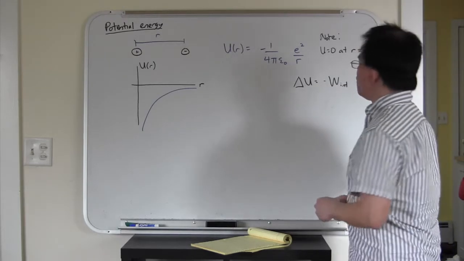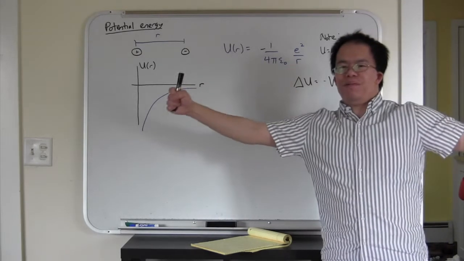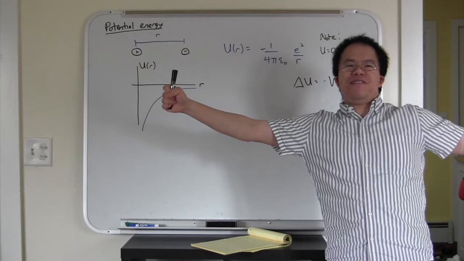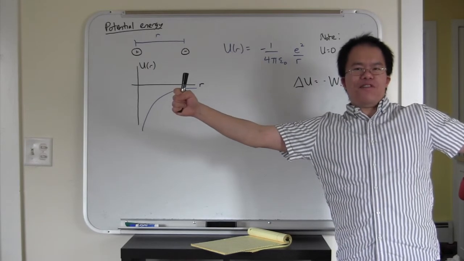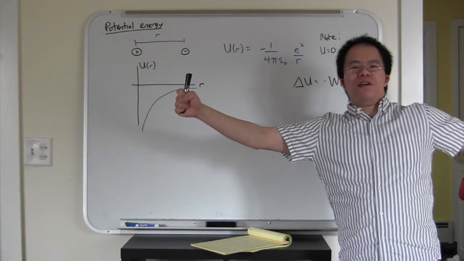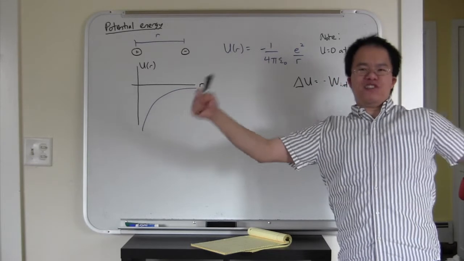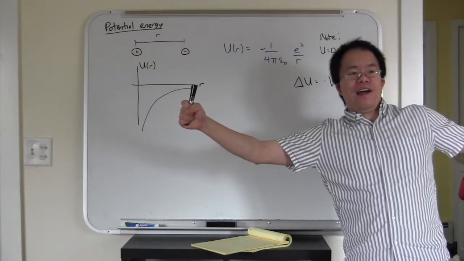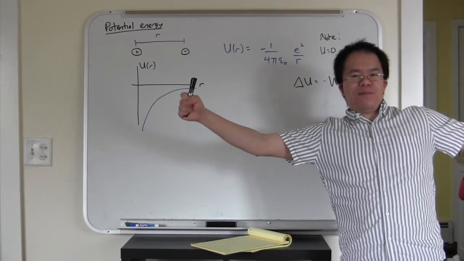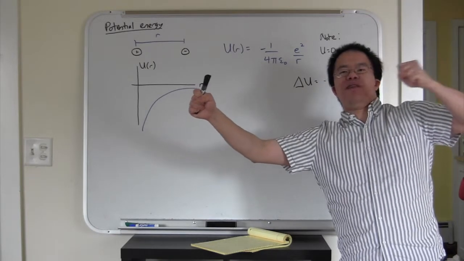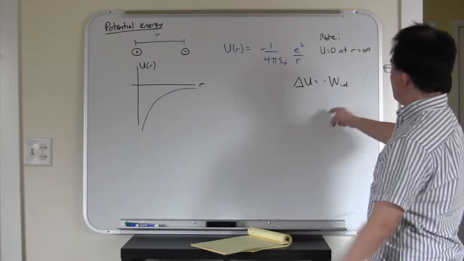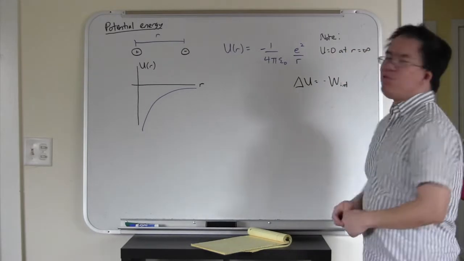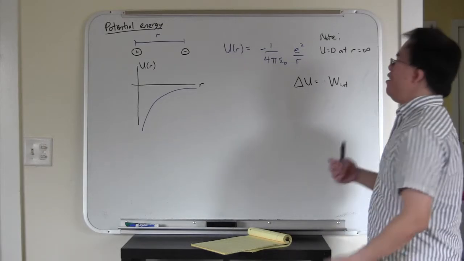And so if you imagine starting with two charges that are infinitely separated, the plus charge and a minus charge feel an attractive force. So if that interaction is internal to the system, when you let those charges go, there's going to be positive work done internally, which means that ΔU should be negative.